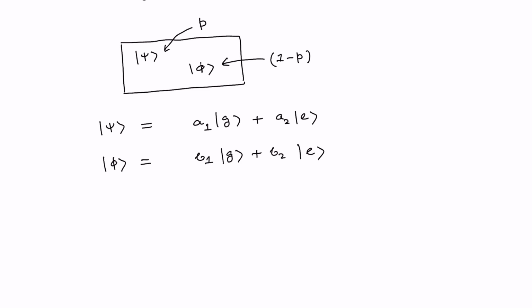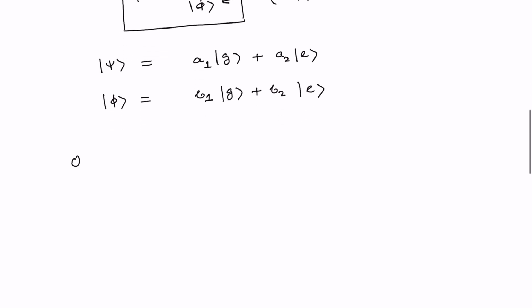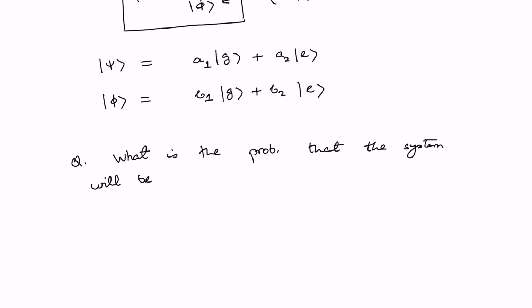Now let me ask this question: what is the probability that the system will be found in the ground state, that means in ket g?